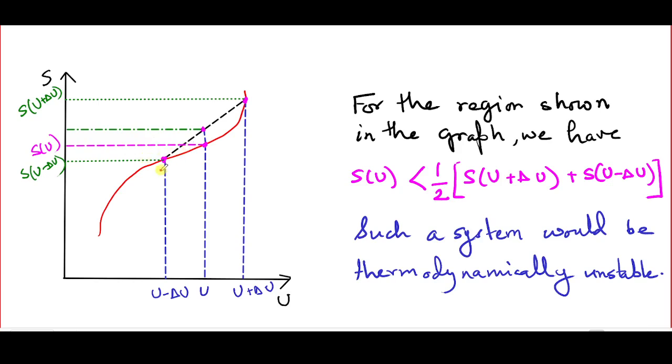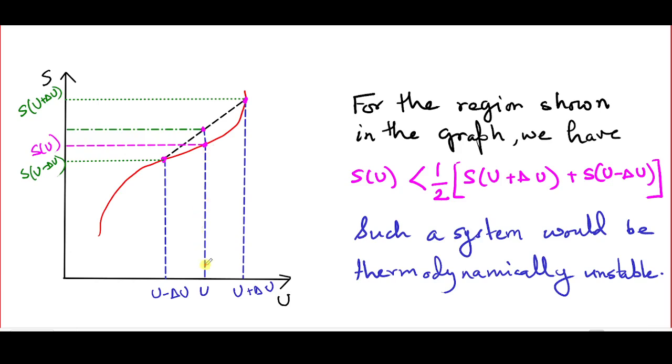Now, for the region shown here between U minus delta U and U plus delta U, you can see that the chord joining the point at U minus delta U and the point at U plus delta U, this black dashed line here, lies above the curve.